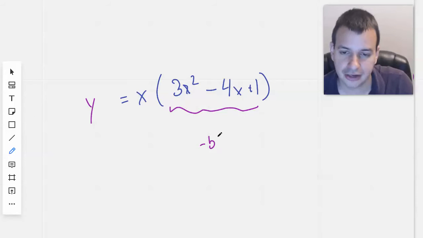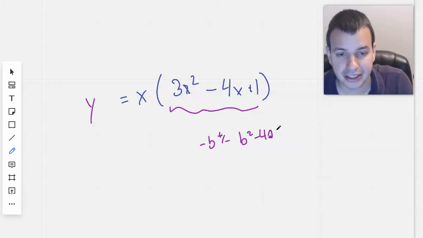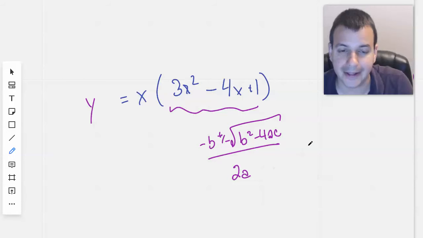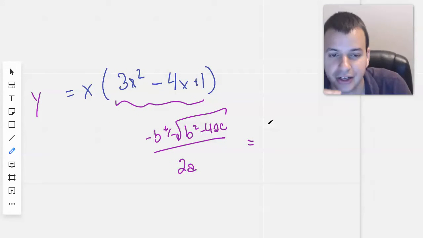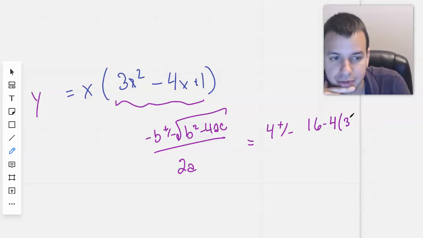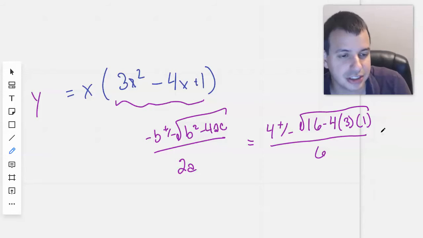Quadratic equation: negative b plus or minus the square root of b squared minus 4ac, all over 2a. This gives us, let's see, b is negative 4, so negative b is 4, plus or minus the square root of 16 minus 4 times 3 times 1, all over 2 times 3, which is 6.